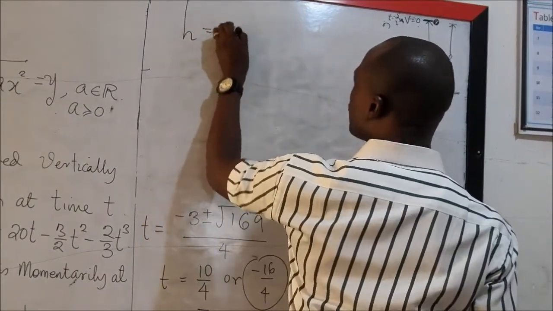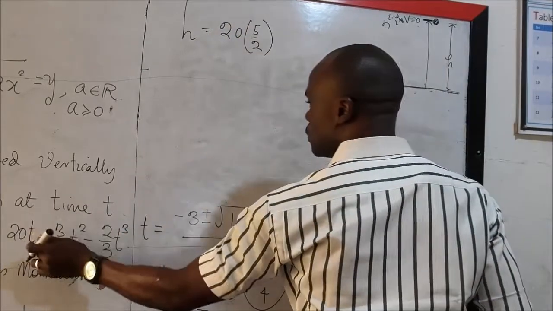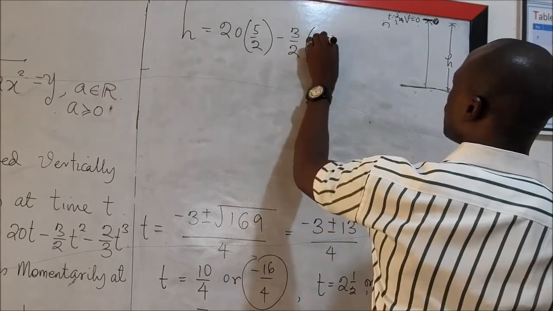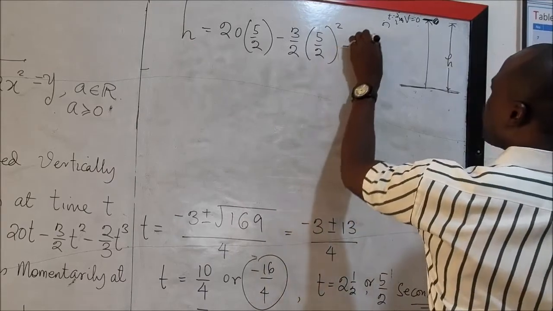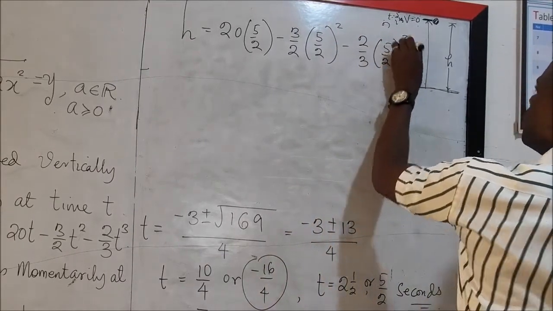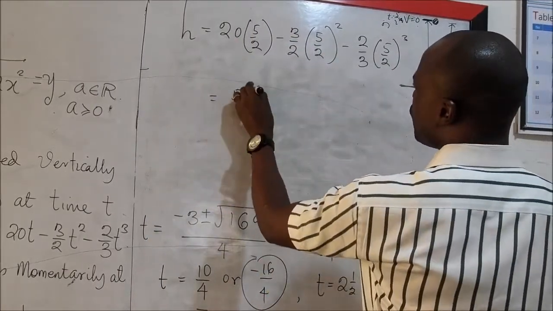So that is going to give us h equals 20 into 5 over 2, minus 3 over 2 into 5 over 2 squared, minus 2 over 3 into 5 over 2 cubed. You can always use your calculator to solve that out. This is going to give you 50.